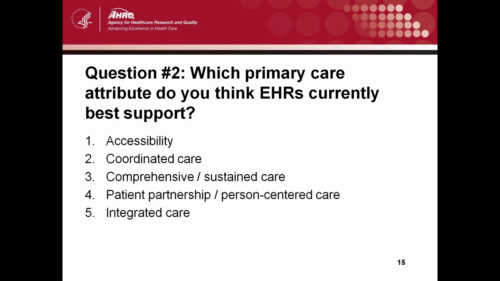So then the next question we want to ask before moving on with some of the specific recommendations is the second poll question, which is, which primary care attribute do you think that electronic health records currently best support? And once again, the same categories of accessibility, coordinated care, comprehensive or sustained care, patient partnership or person-centered care, and then integrated care.